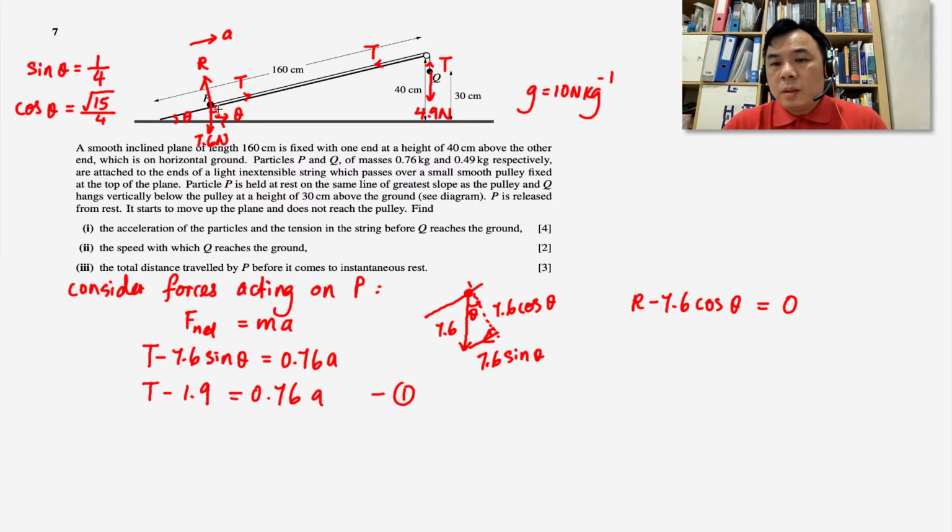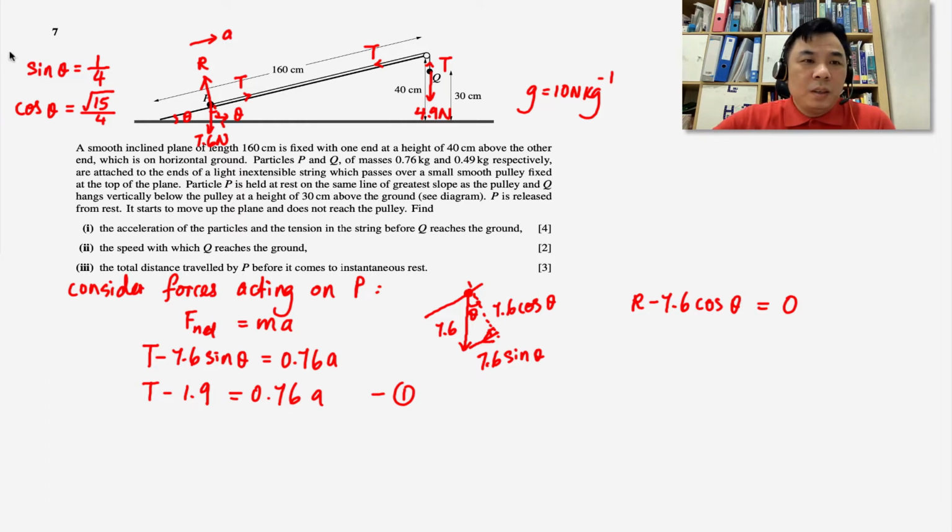From there, you would be able to find the reaction force. Now I'm going to pause here for a while for you to organize your thoughts, digest the information. Hopefully that is helpful.